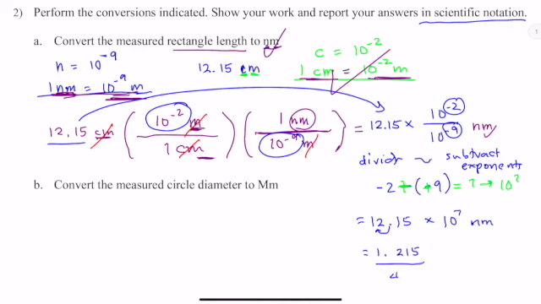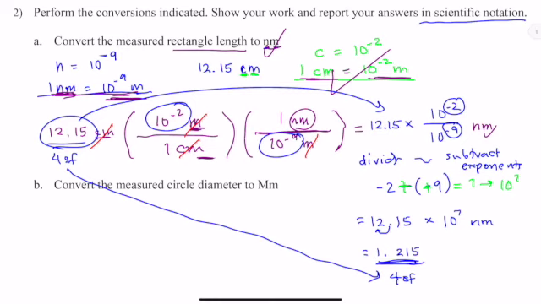Keep all those 4 sig figs because our original value had 4 sig figs. So 4 sig figs in the original value, 4 sig figs in the answer. Then 12 went to 1.2, so this coefficient part, this decimal part, got smaller, so the exponent needs to get bigger from 7 up to 8, and this is going to be nanometers.